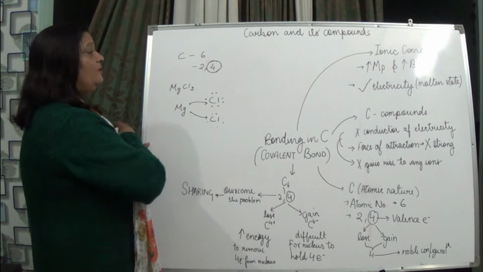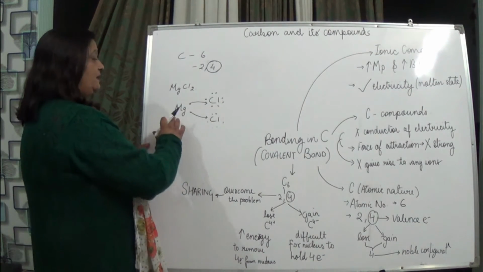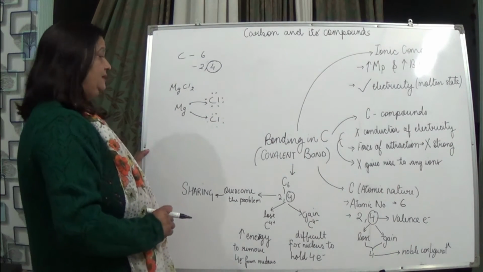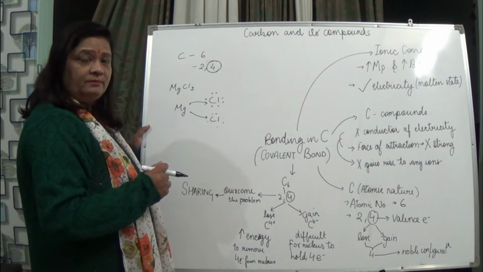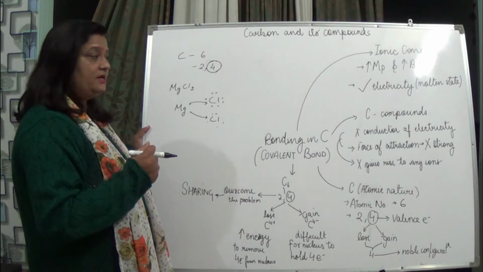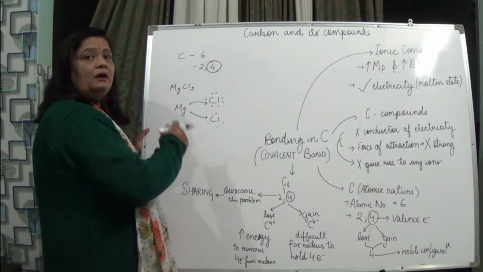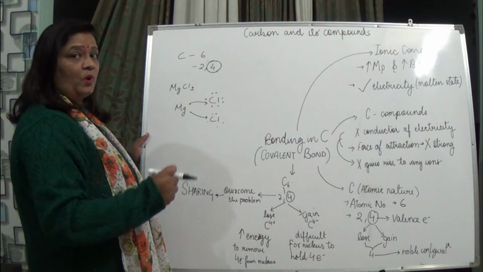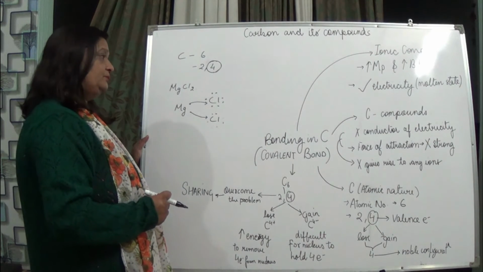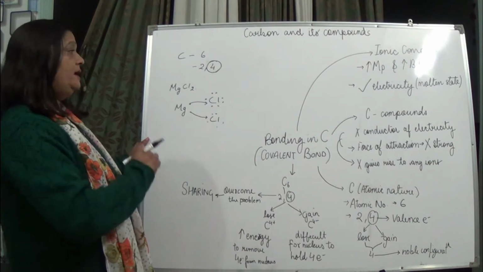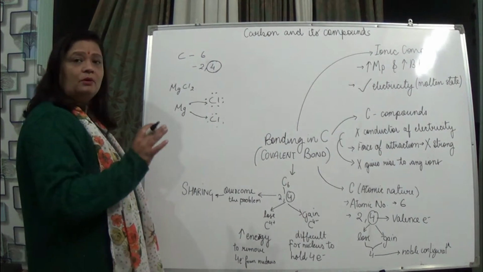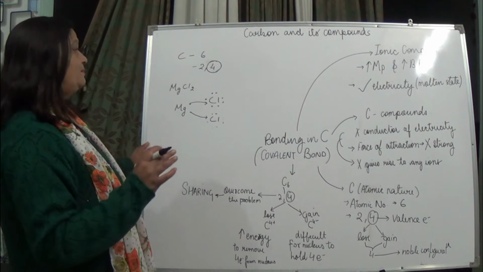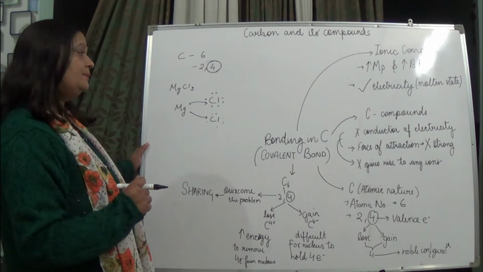When they are in molten state, they conduct electricity, and when we talk about solubility, they are soluble in water easily because these are polar compounds. So one is taking the electrons, one is giving the electrons. These are the characteristics present in the case of ionic compounds.